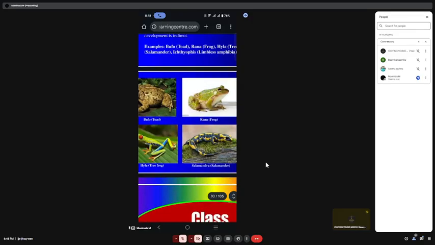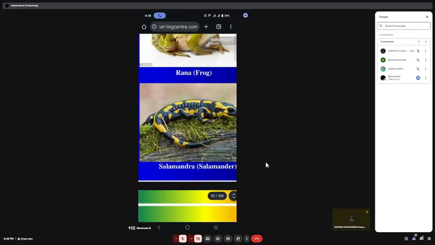If you see this animal, the salamander, the tail is persistent throughout life. But in some animals, the tail will disintegrate after a particular period.